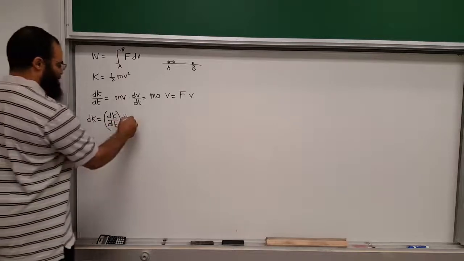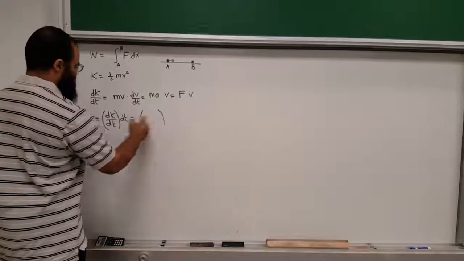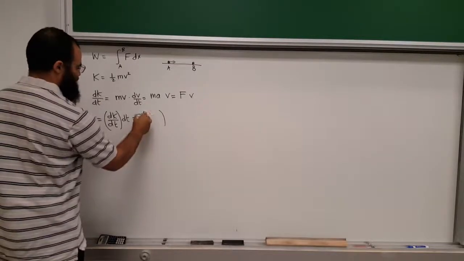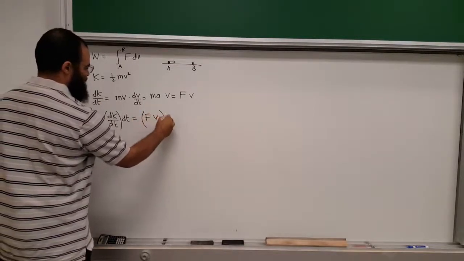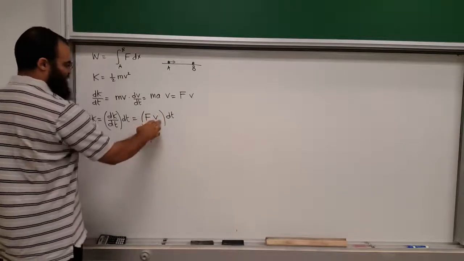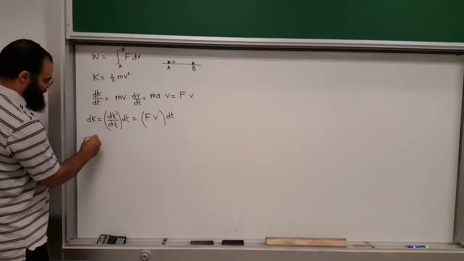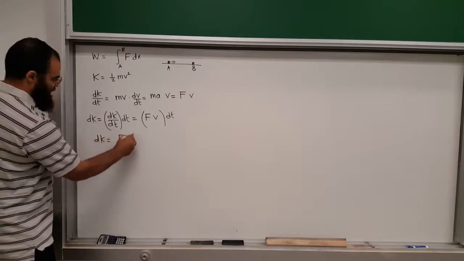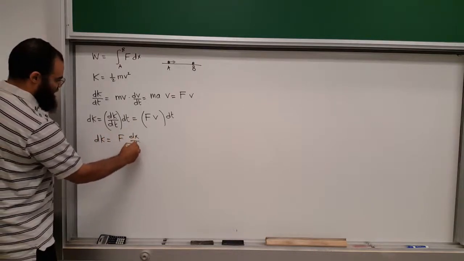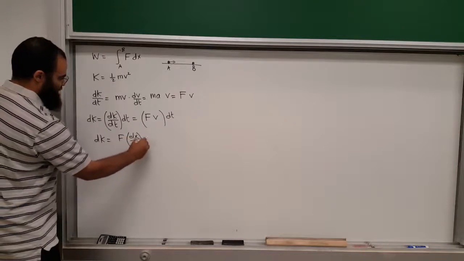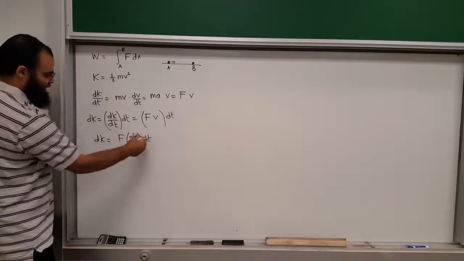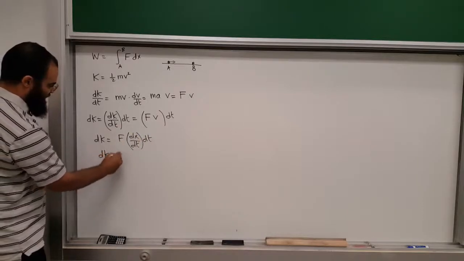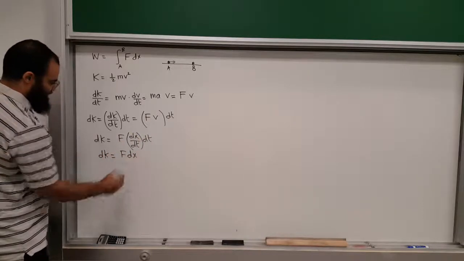So let's see what we get. dK/dt is the force times velocity, so it's F times v and then dt. But v is dx/dt, so I have F and then dx/dt times dt. And dx/dt times dt is the differential dx. So dK will be F dx.